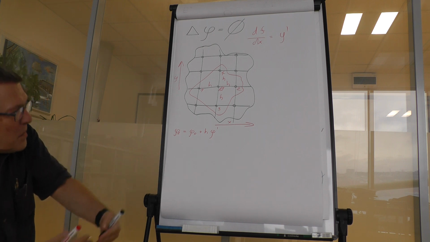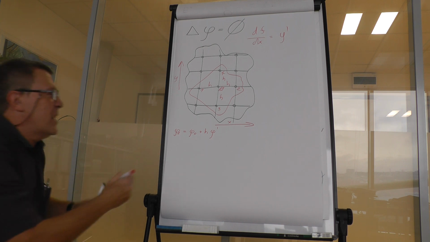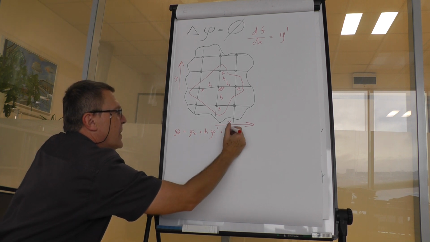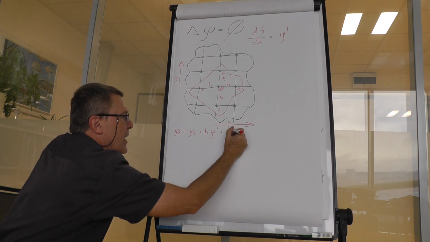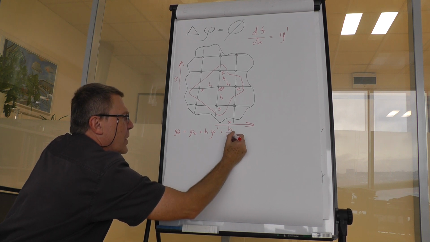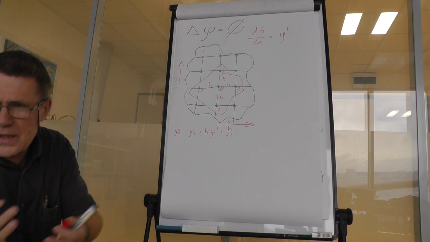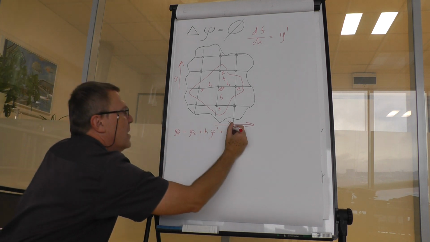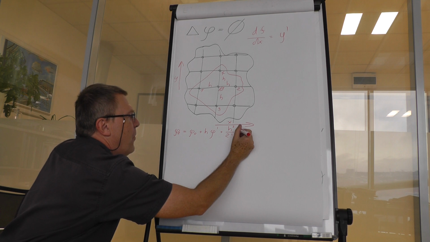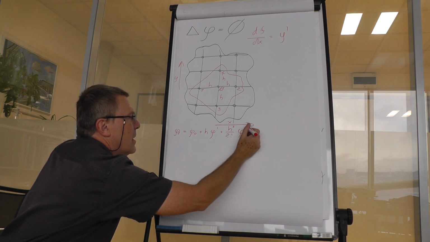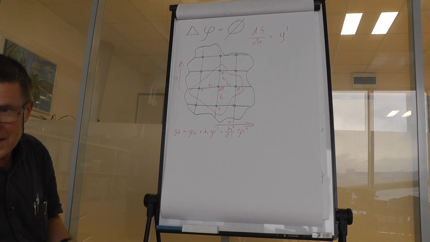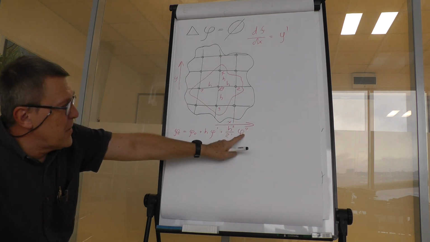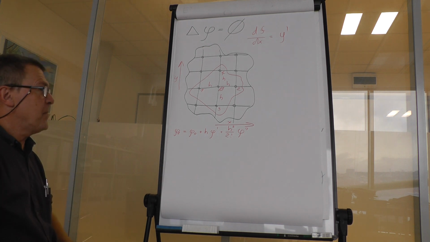Well, but more precisely, there should be also plus h squared over 2 factorial. 2 factorial is 2 times 1, which is 2. Phi, second derivative of phi, which by the definition is phi with 2 apostrophes.